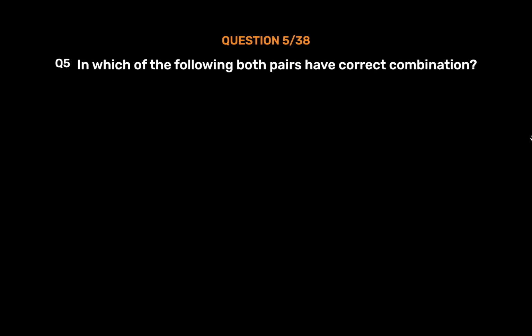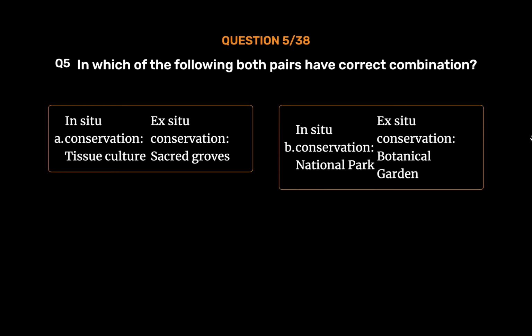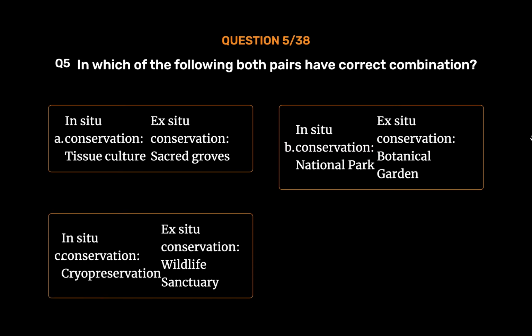Question number 5. In which of the following both pairs have correct combination? Option A. In situ conservation, tissue culture. Ex situ conservation, sacred groves. Option B. In situ conservation, national park. Ex situ conservation, botanical garden. Option C. In situ conservation, cryopreservation.